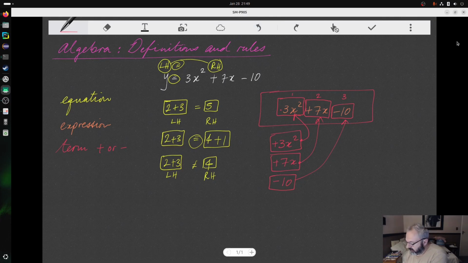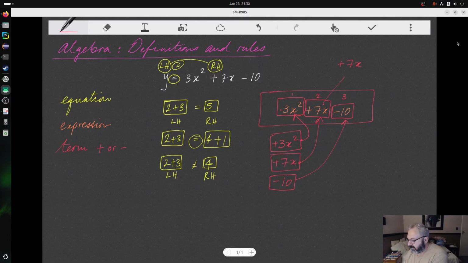Now have a look at this. If we take a look at the second term here, we see it's a plus 7x. So what we actually have here is 7 times x. Now, like I said in my previous video, our usual convention when we write mathematics is to write the number first and then the letter.